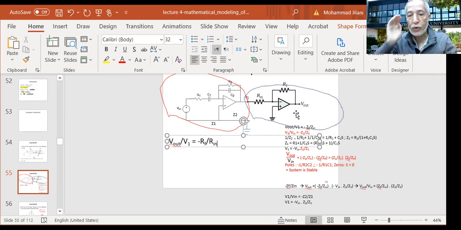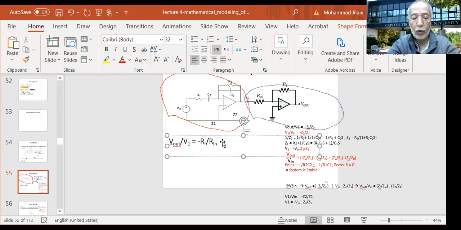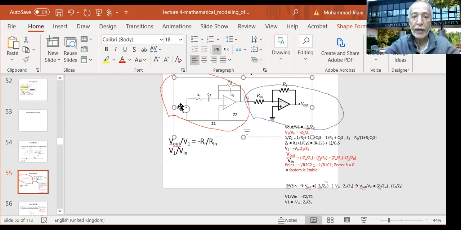Now I need to find V1 so I can work out the example. So now V out in terms of V1, I found this out, with this minus Z2 divided by Z1. Now I need to find the V1 divided by Vn, which is this n right here.